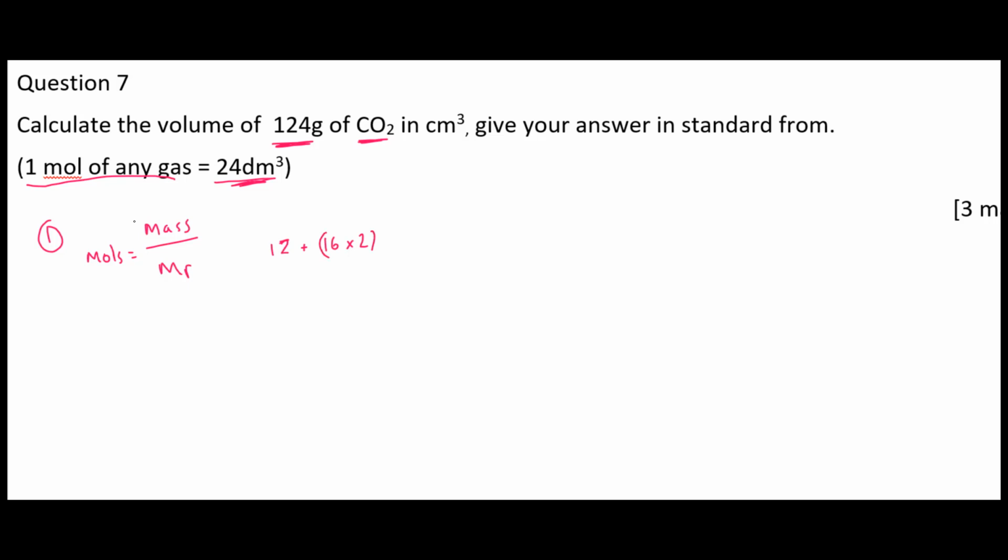So that means carbon dioxide has an Mr of 44. So to work out the moles, we would do 124 grams divided by 44. And that gives us 2.8 moles of carbon dioxide.